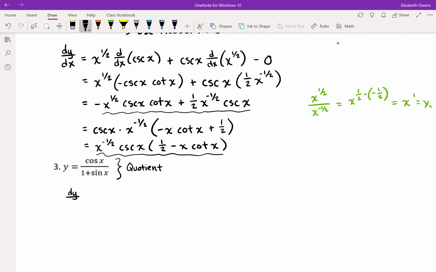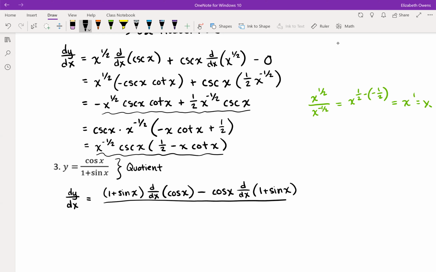So we're going to have dy/dx equals low, 1 plus sine x, d high, derivative of cosine x, minus high, cosine x, d low, derivative of 1 plus sine x, all over low squared. So 1 plus sine x getting squared.